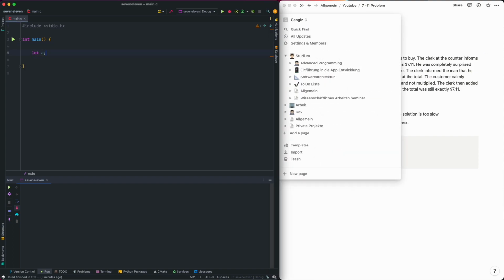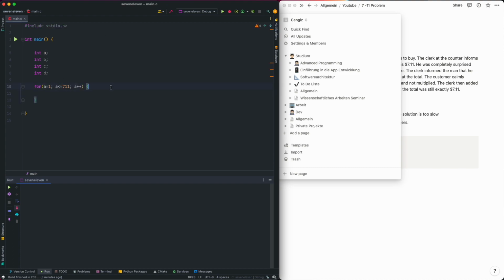Okay, so we have 4 variables, int A, int B, int C, int D. And we can write our first loop, so we can say for A equals 1, A is smaller equals than 711, A plus plus.